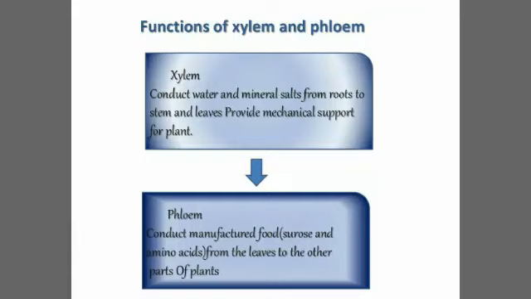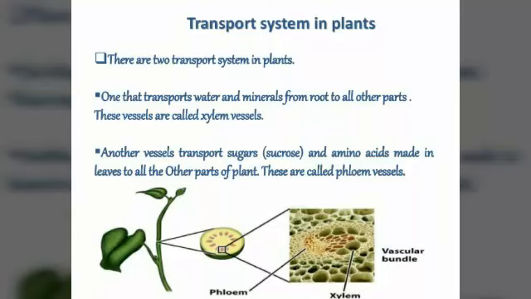The transportation of food, or translocation, occurs by phloem. Xylem and phloem are both conducting tissues. They help in transportation of water and food.